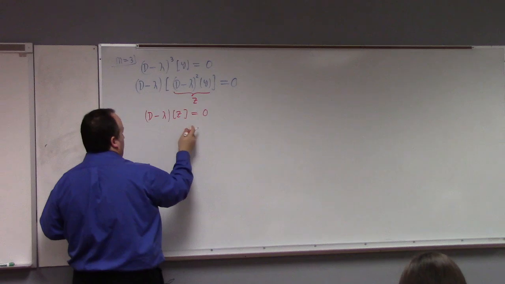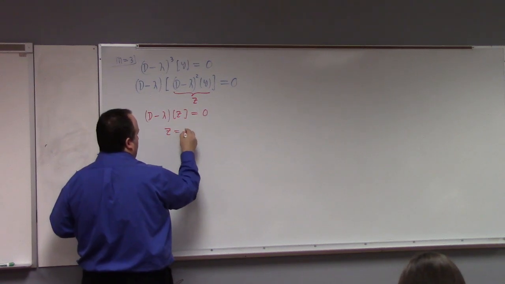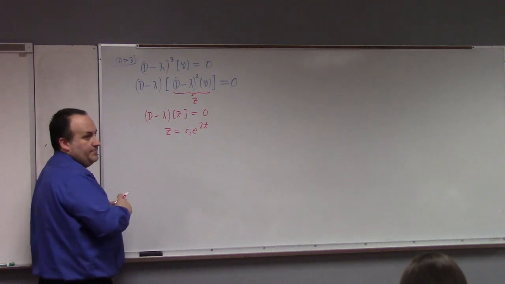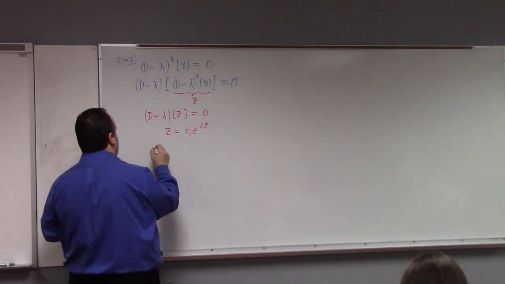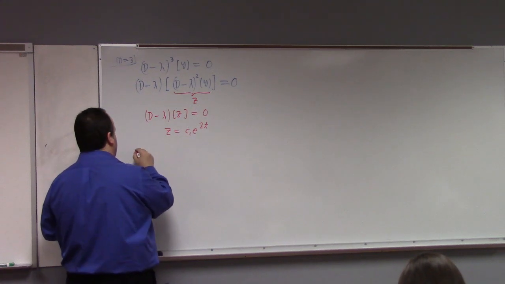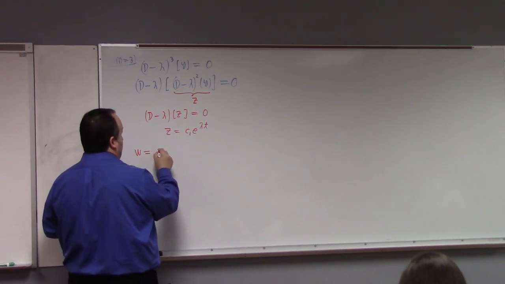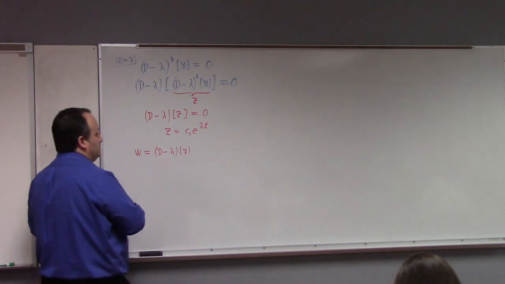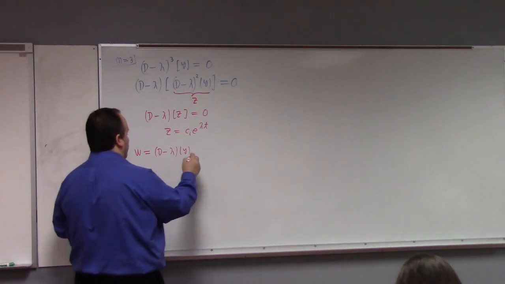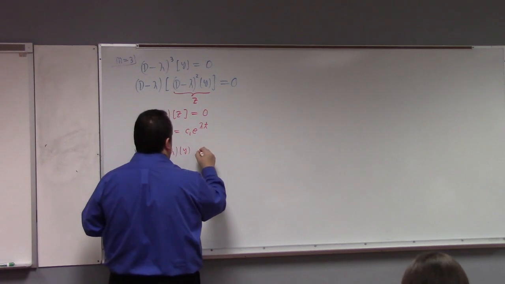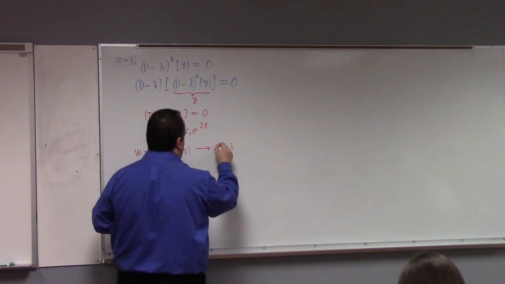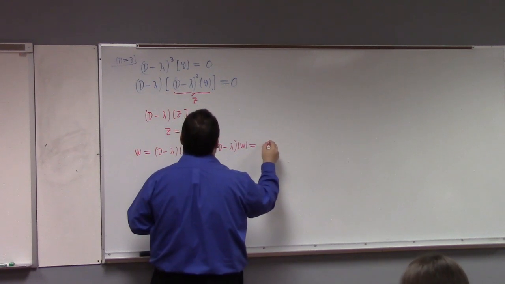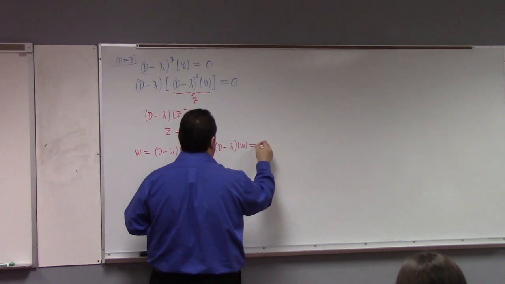We can solve that, as we've discussed. That gives us z equals c1 e to the lambda t. But then we can make a w equal to (D minus lambda) y substitution, right? And with respect to this substitution, we see we've got (D minus lambda) acting on w equal to z.